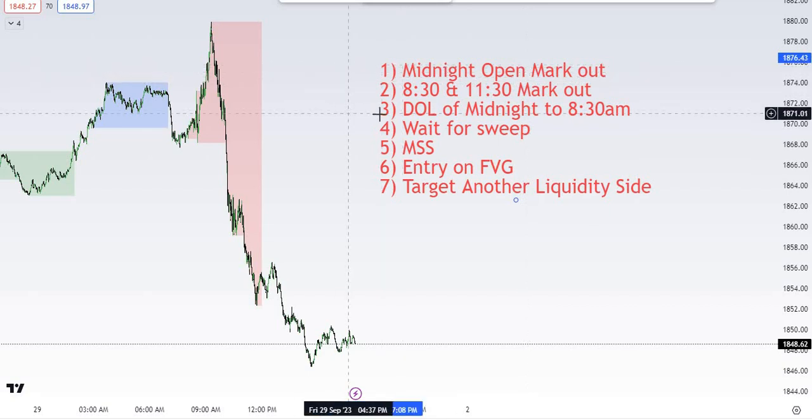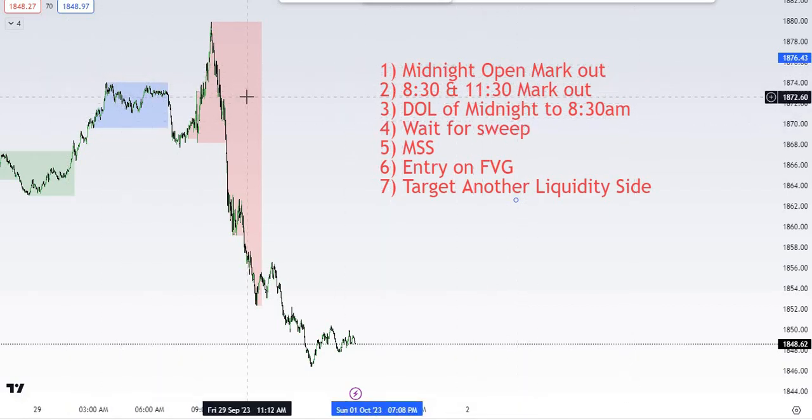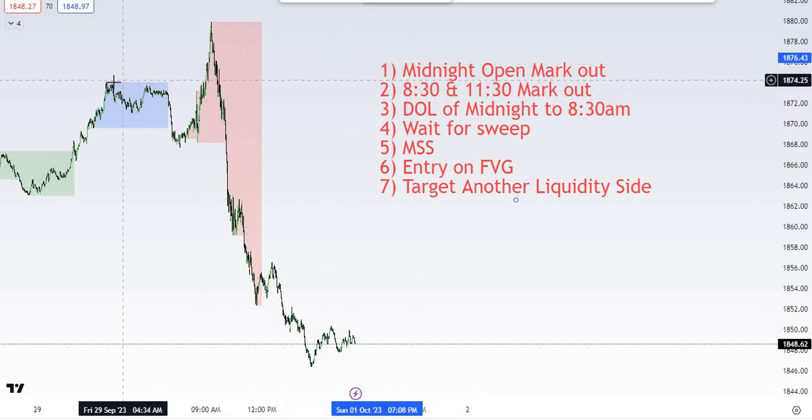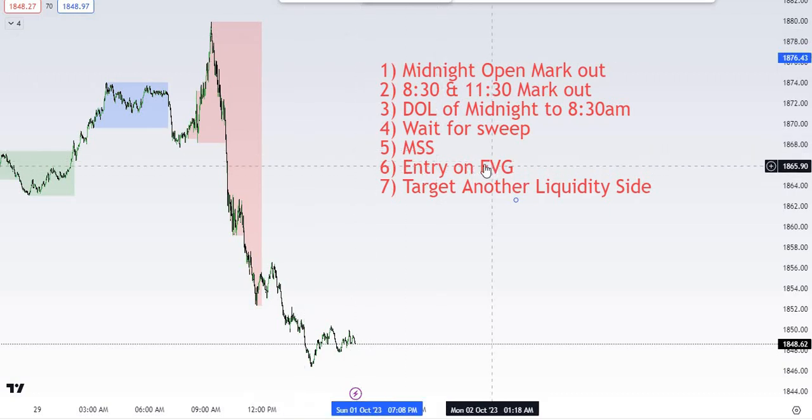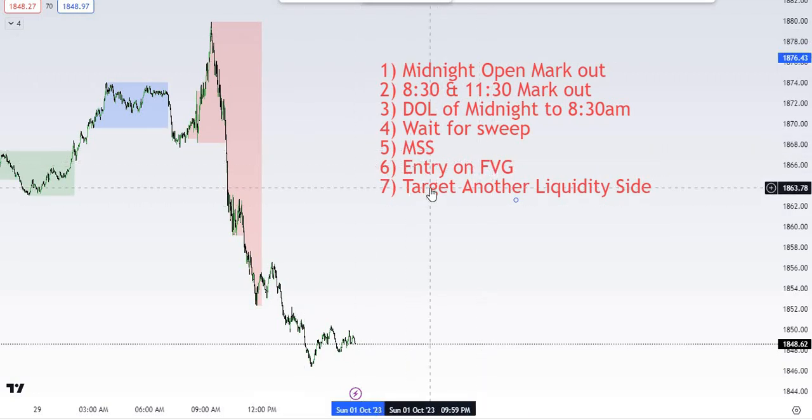Then we have to draw the liquidity of midnight to 8:30. From midnight to 8:30 we have to mark out the high and the low of this time period. Then we wait for a sweep, either buy side or sell side. Then we wait for a market structure shift and enter on a fair value gap, targeting the other liquidity side.